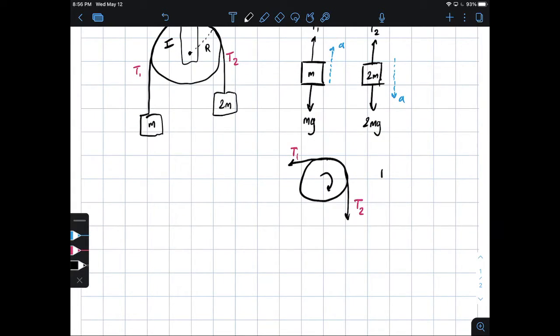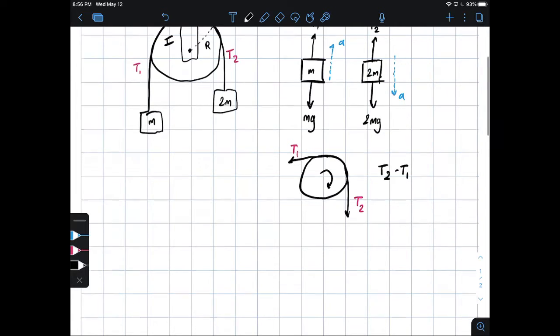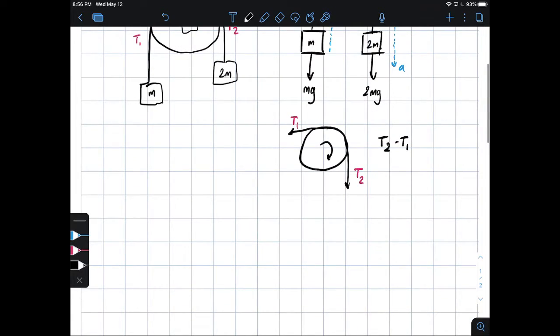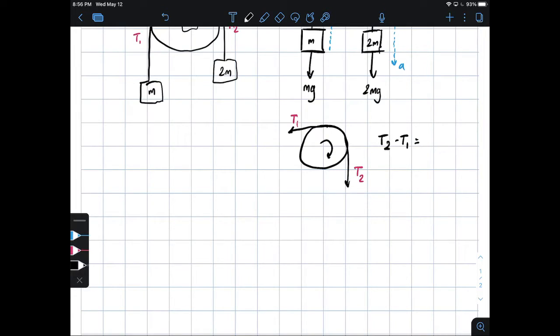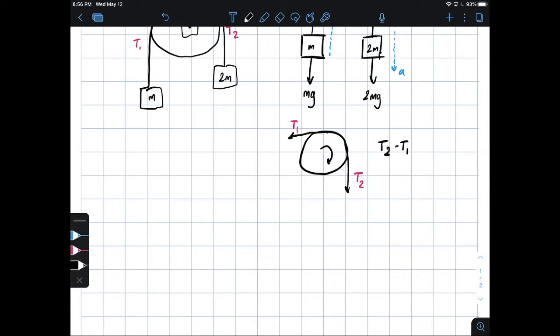But essentially, T2 minus T1, because T2 obviously wins, and this is going to be equal to... actually, it's not going to be, hold on. We know that T2 minus T1 is the direction of this acceleration, this net torque.